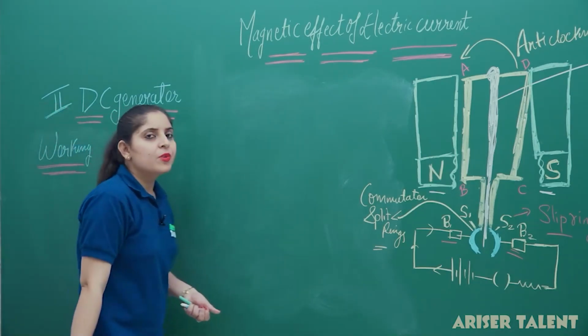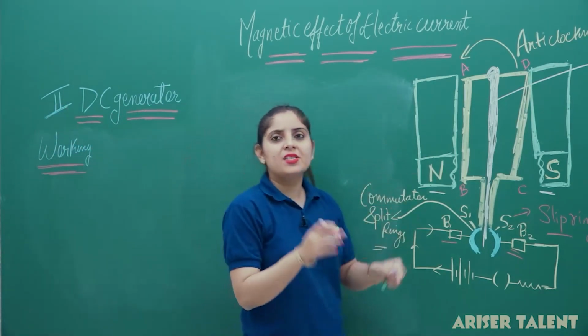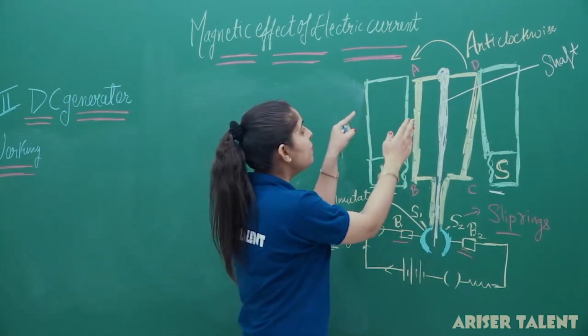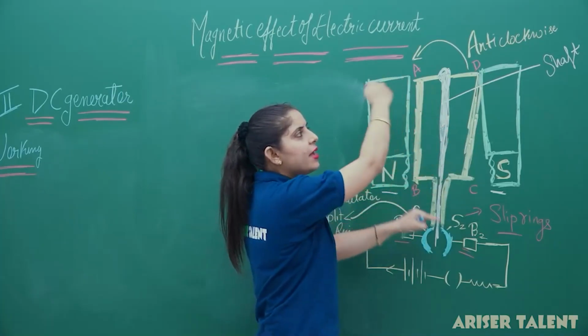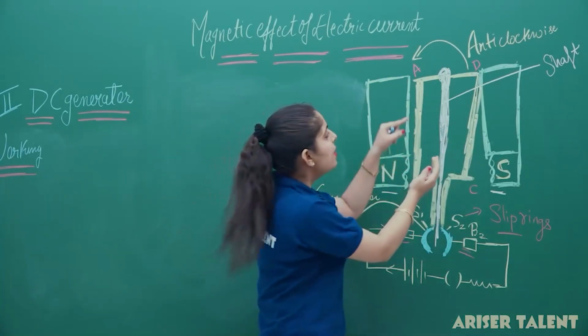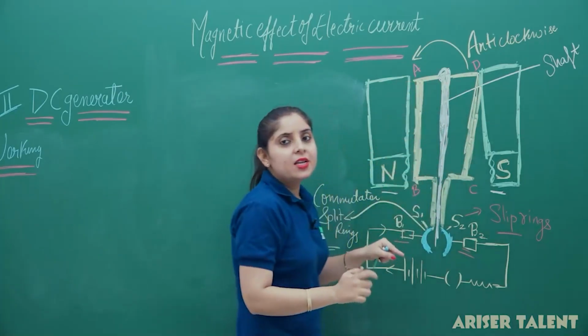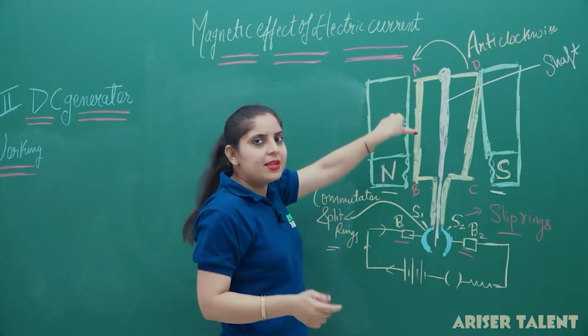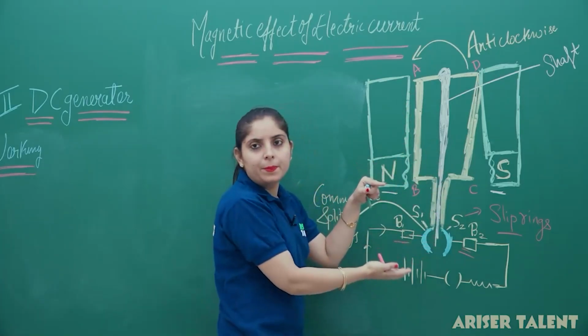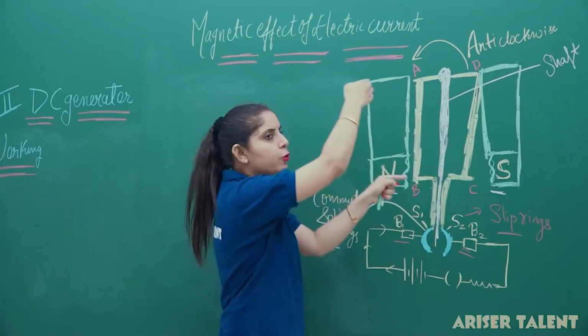Firstly, you have seen here that we have placed a coil ABCD between the north and south pole of a magnet. If this coil is rotated in the anti-clockwise direction, you can see that this AB will come on the downward part and this CD will go into the upward part.